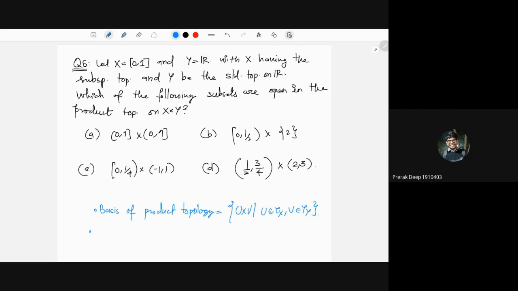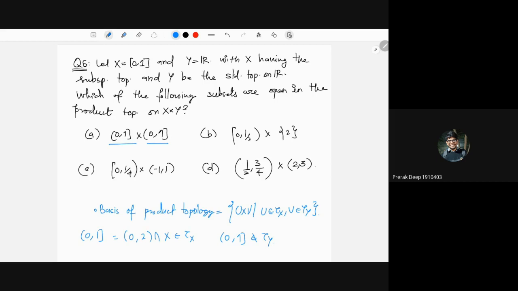So now let us first look at the first option. Here the set open 0, closed 1 is open in tau X, because it can be written as an intersection with X. But this is not open in tau Y. Why?